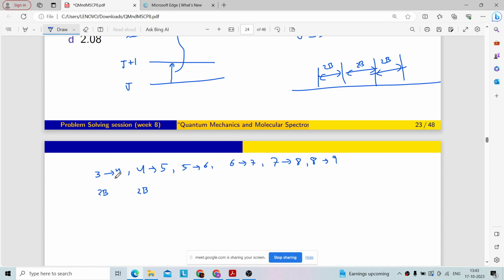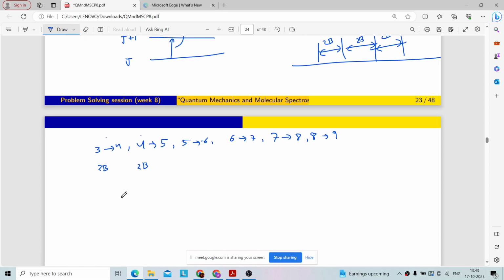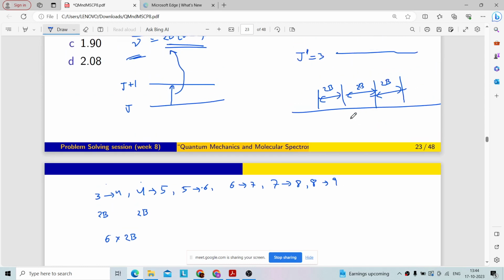So how many lines are there? 1, 2, 3, 4, 5, 6. So 6 lines. There are 7 states and 6 lines.